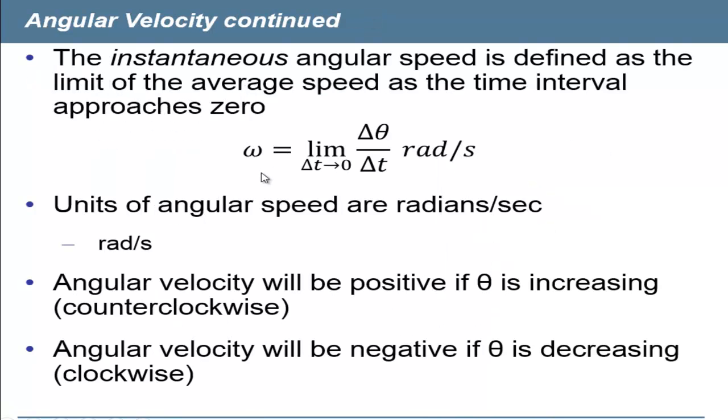We talk about the instantaneous angular speed. It's defined the exact same way that we define instantaneous linear speed. It's simply the limit of the change in angle with time as the time goes to zero. So as we get closer and closer to zero time, it becomes instantaneous.